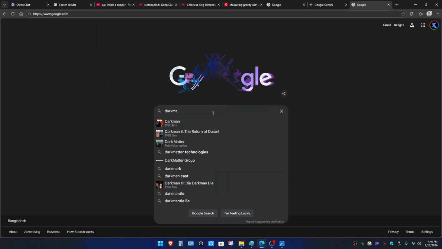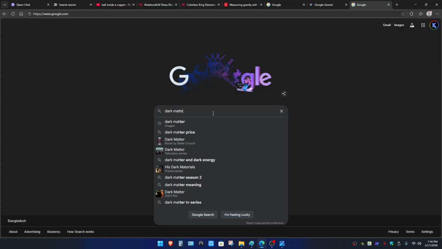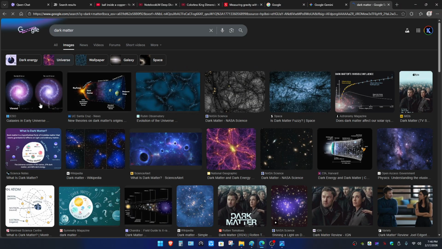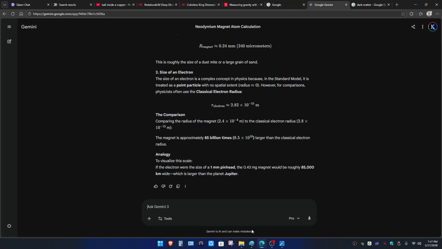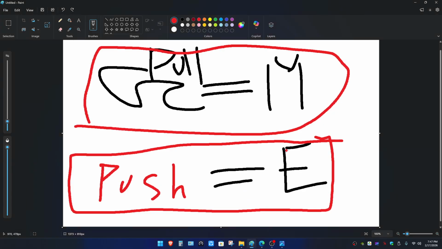We end up seeing dark matter, how the inside of the galaxy moves at the same rate as the outside of the galaxy. This is what we end up seeing, because the energy amount that is needed to destroy or to create a maximum entropy is much lower than the magnetic field.